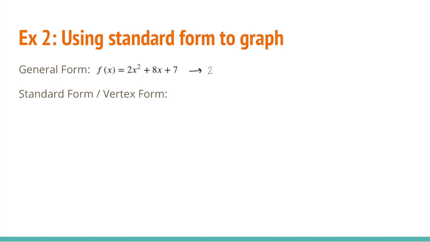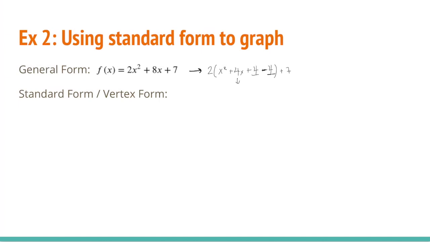I need to complete the square, and the first thing I'm going to do is factor out that a term, leave room for my squared numbers, and keep that last term out of there. I can tell that 4 divided by 2 is going to be 2.